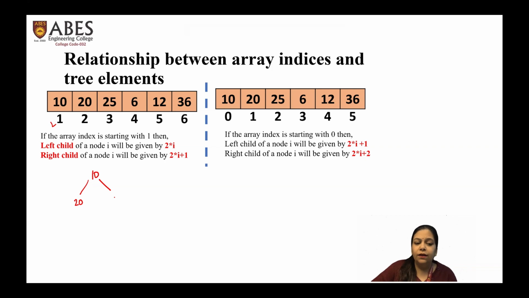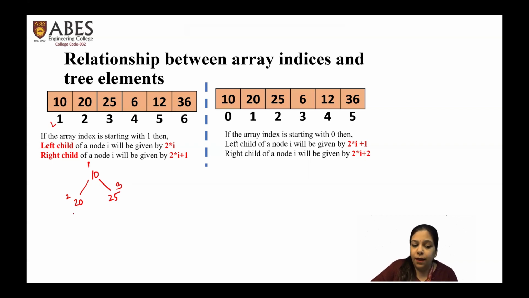And similarly, the right child of I will be 2 into I plus 1, that is 2 into 1 plus 1, which gives us the value 3. So the right child of 10 will be the value stored at index 3, that is 25. So the index of 10 is 1, and the index of 20 is 2, and the index of 25 is 3.